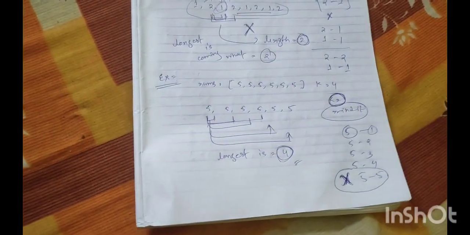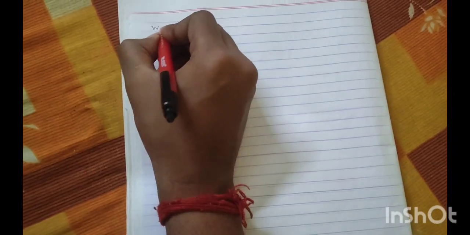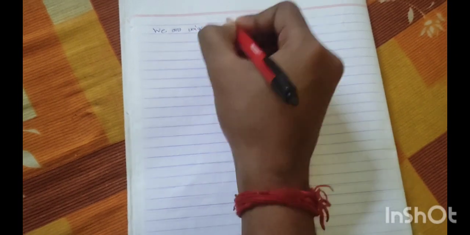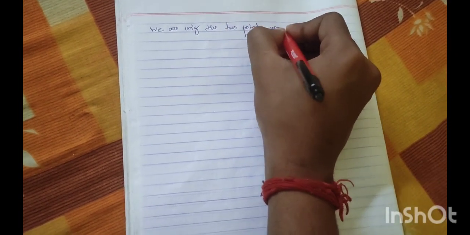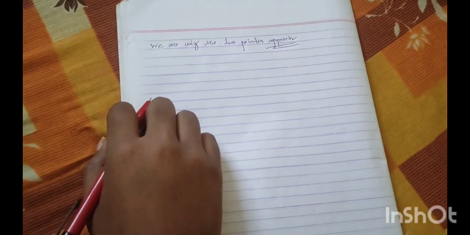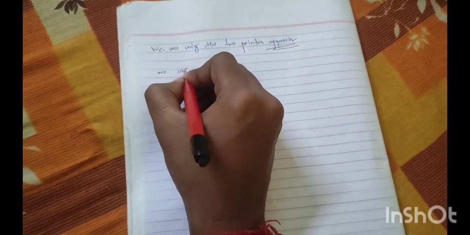So now what do we do in this question? We are using the two pointer approach. So how do we use the two pointer approach here? You can check, we use a map.